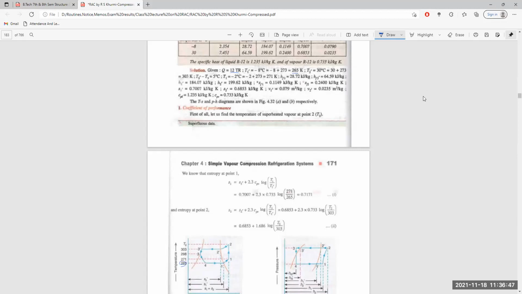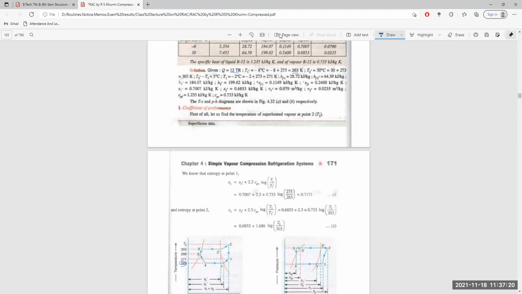Next, T2 dash is the temperature of the dry saturated vapor on the saturated vapor line after it comes out of the compressor and enters the condenser, where it is cooled from T2 to T2 dash and reaches the dry saturated line. Then the refrigerant is cooled isothermally from T2 dash to T3 dash, and then cooled from T3 dash to T3.